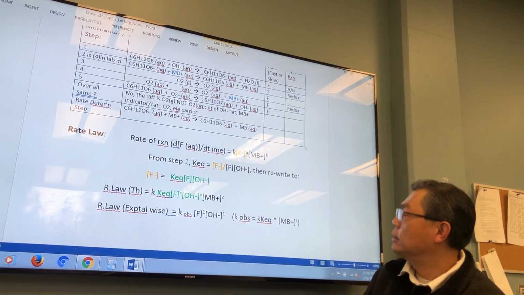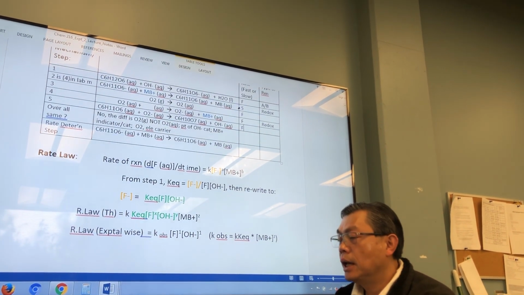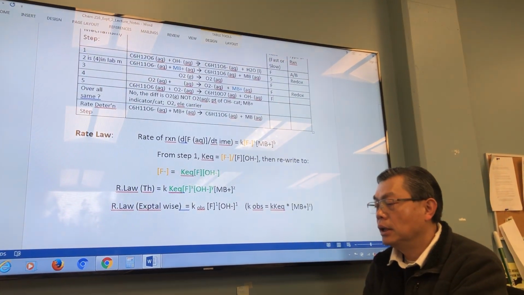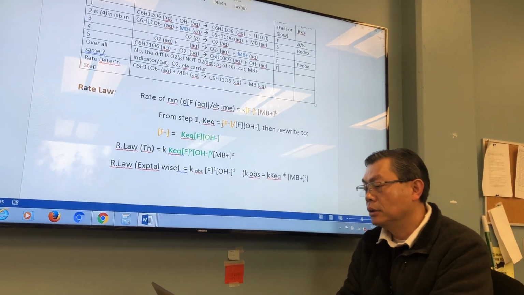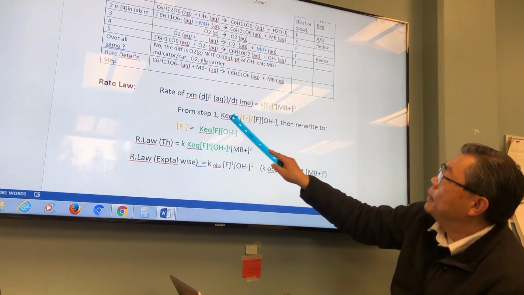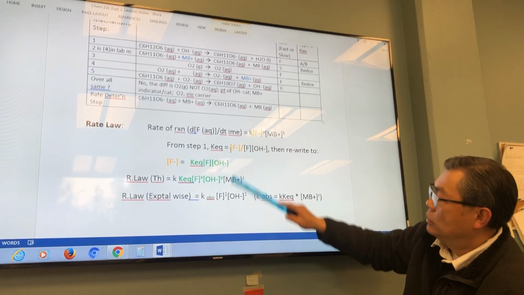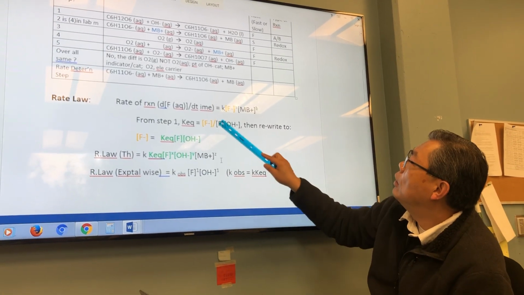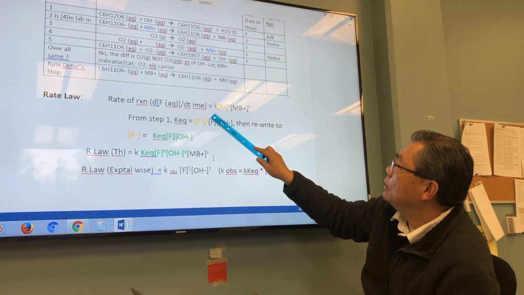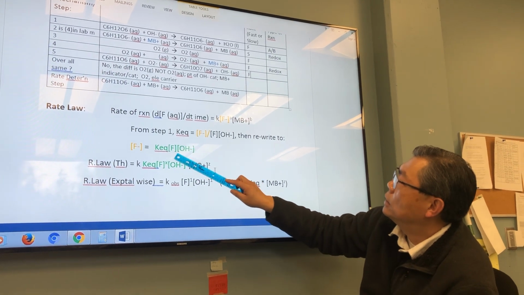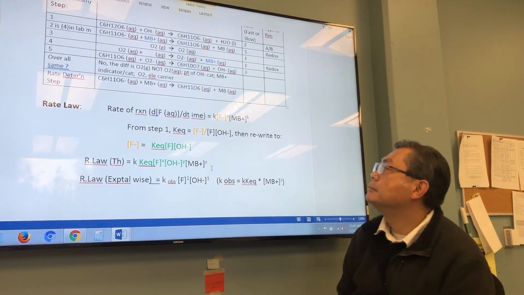So we go back to the first reaction, step 1. Step 1 actually is an equilibrium reaction. I didn't write equilibrium in here, but yes, it's an equilibrium reaction. So the equilibrium expression for this step 1 reaction would be photo anion over the photo and the hydroxide. Then we rewrite it: the photo anion is equal to K equilibrium times photo and hydroxide.